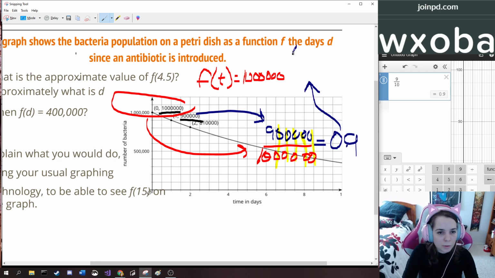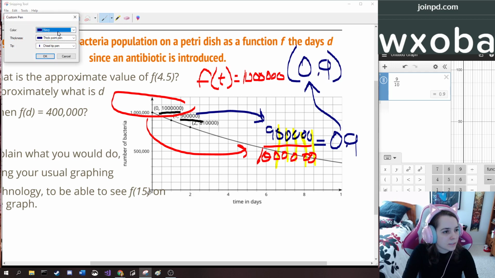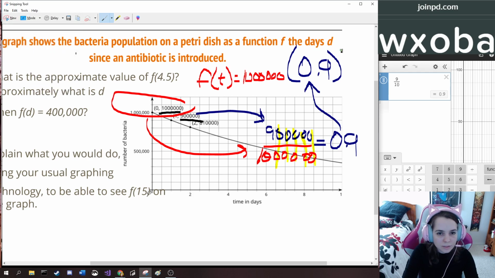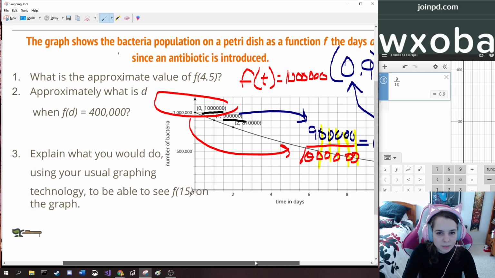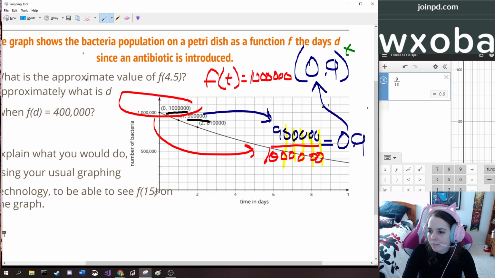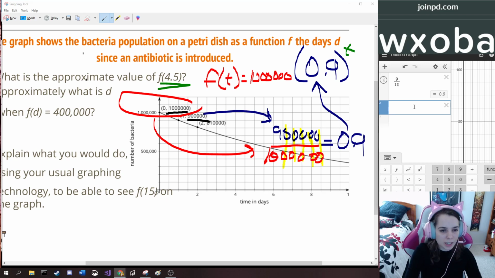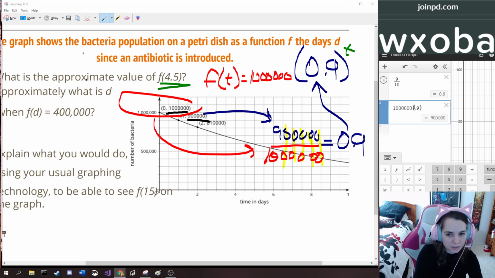So this would be our rate of change to the power of t. So if you wanted to approximate f of 4.5, you could now put this in our equation. 1 million times 0.9 to the power of 4.5.